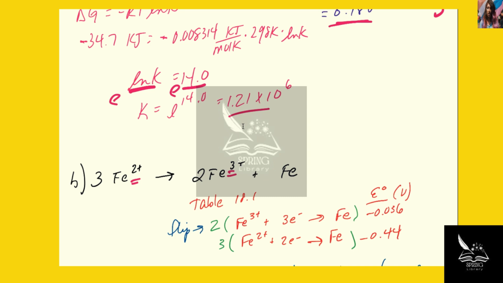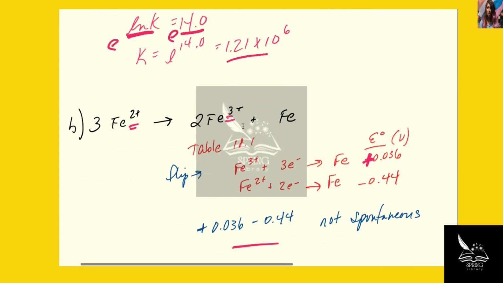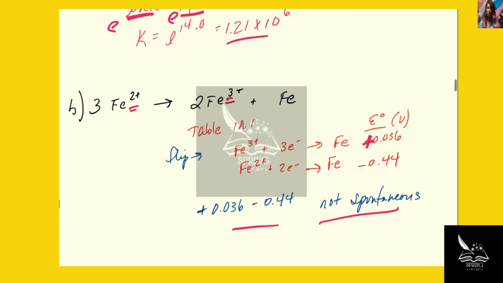Now we have to flip equation 1 because we need Fe3+ on the right. When we do that, we actually don't even need to multiply by the 2 or 3 that I have written here, because that flips the sign of the cell potential as this becomes positive 0.0036. Now, when you add those numbers together, you get a negative number, which is not spontaneous. So according to the problem, we don't have to calculate delta G.